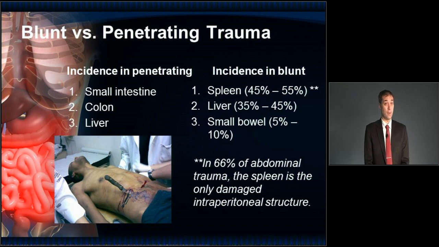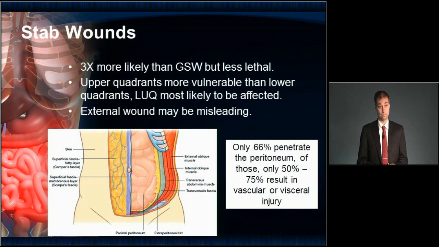Whereas in blunt trauma, the spleen is the most injured organ, 45 to 55% of the time. In fact, in 2/3 of abdominal trauma, the spleen is the only injured organ. The liver is the second most likely injured in blunt trauma, 35 to 45% of the time, and the small bowel is third at 5 to 10% of the time.